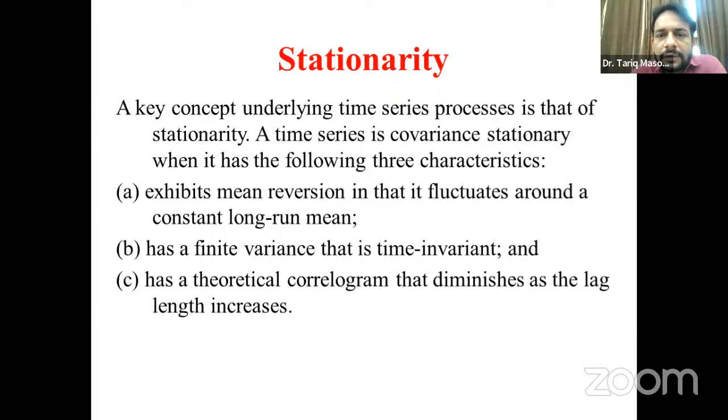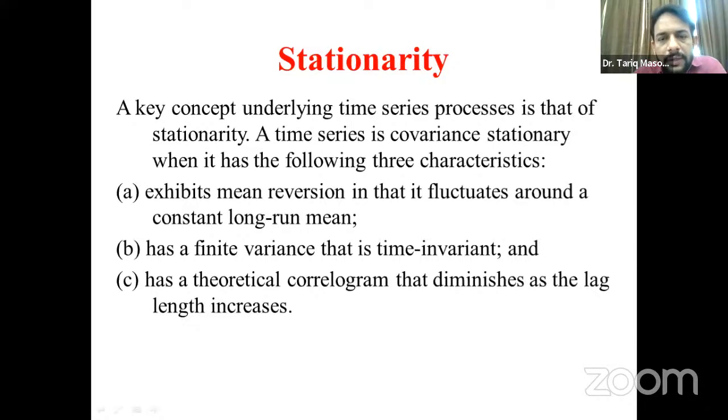A time series is covariance stationary. Any time series variable is stationary when it has these three properties. The first property is that the mean of the time series is constant over the period of time.